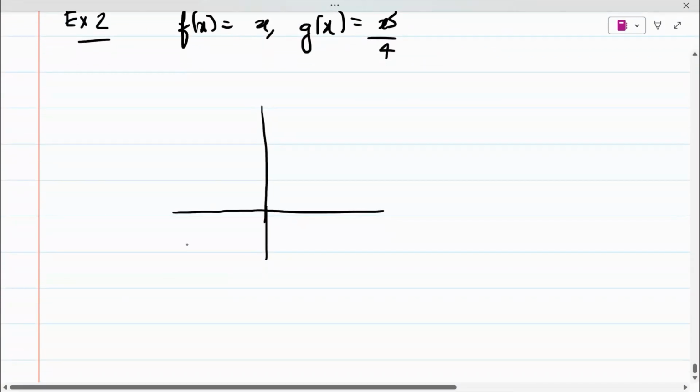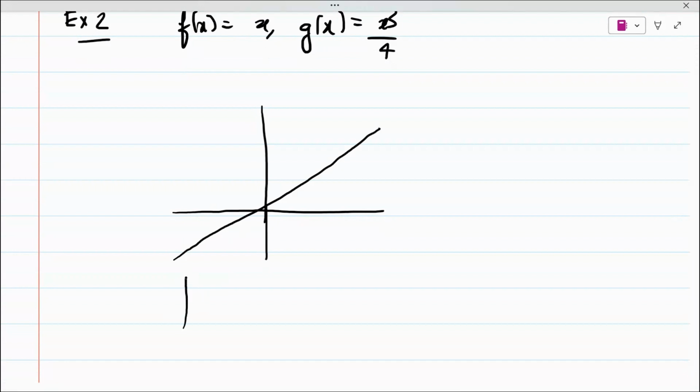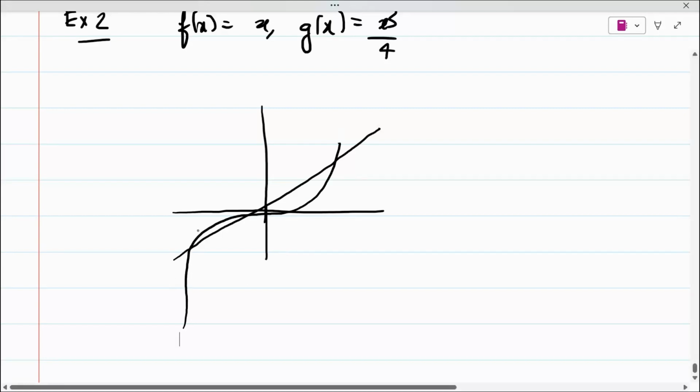So this is our standard x equal to y function. And we know the cube function increases. We can just draw a better function.